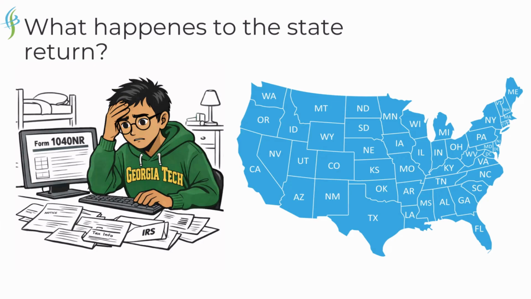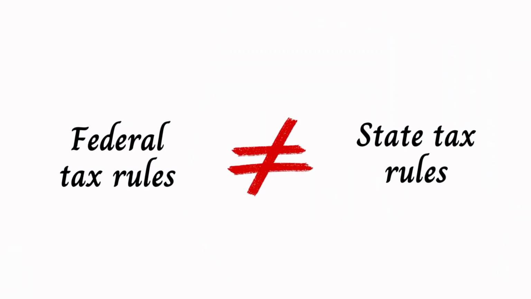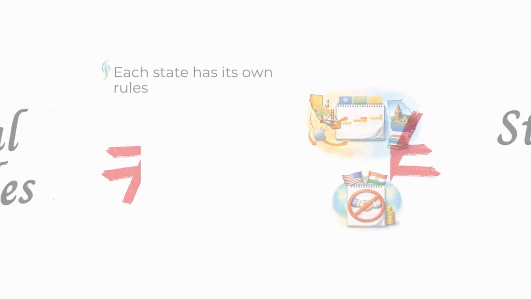Now, all that we discussed so far are the US federal tax rules, which are the same across the entire country. Unlike India, US taxes you once at the federal level and then also again at the state level. An important point to note here is that the federal tax rules are not the same as state tax rules. Now, what does it mean? How would you then file your state tax return?